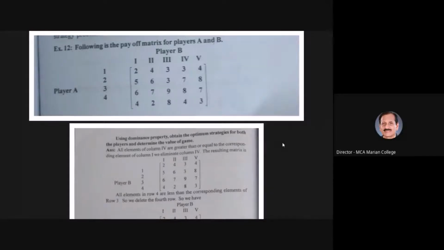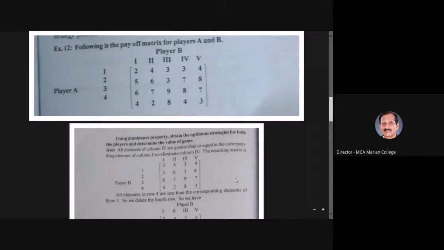Next one is 6. 6 is less than 8. And 4, the last value in column 1. You can see 4 is less than or equal to 4. In that case, equal to comes. So all the values of column 1 are less than or equal to column 4.